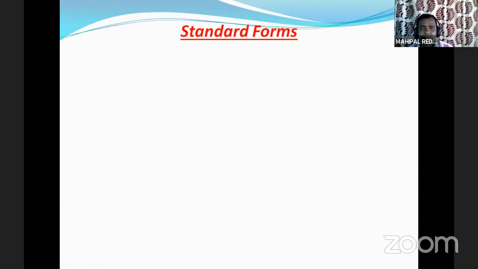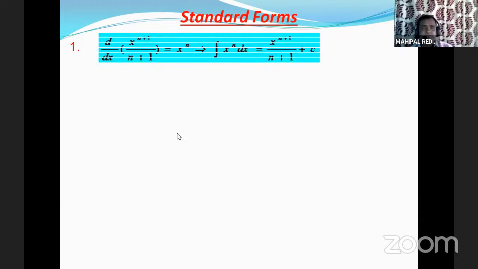Now we are going to learn some standard forms. These are based on derivative parts you already learned last year.